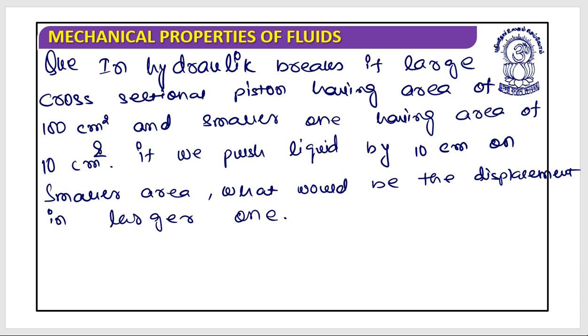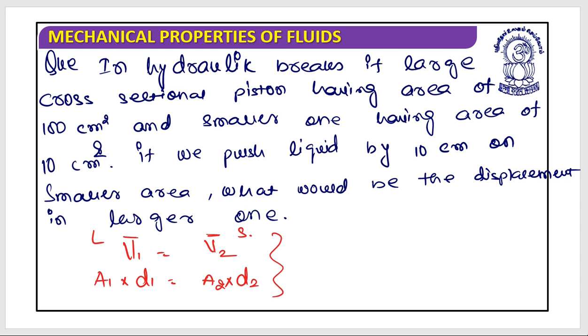Because we have already seen the effect of force on both sides, F1 by A1 equals F2 by A2. Now we want to see this effect, so let's assume V1 equals V2. This is A1 into D1 equals A2 into D2. This is the large piston, this is the small piston.